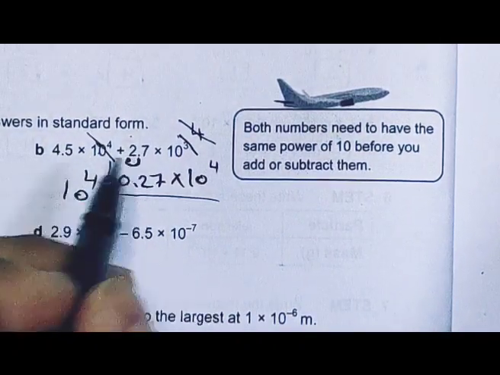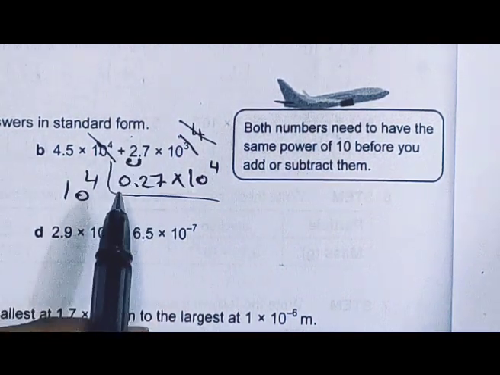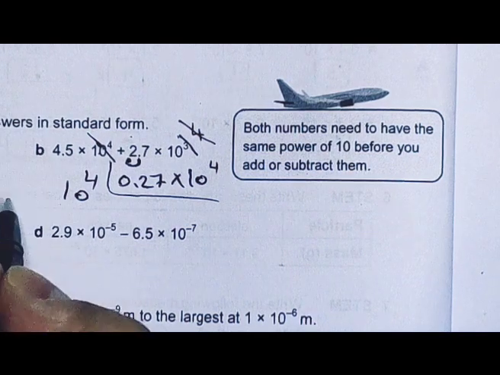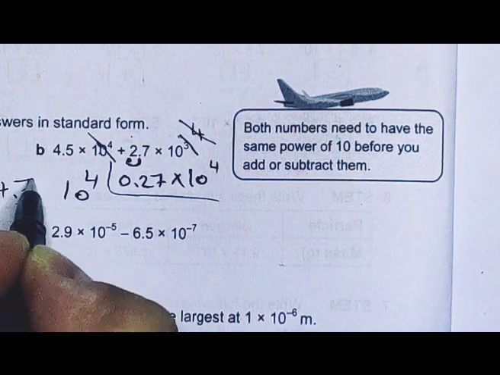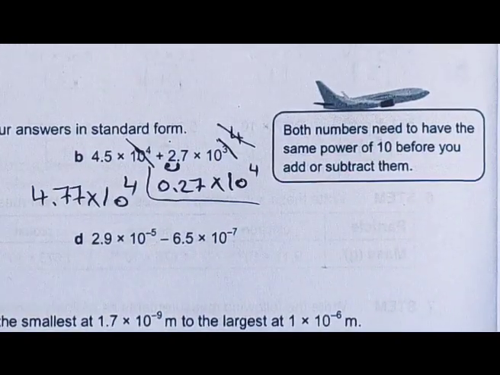Now 4.5, I'm going to add it with 0.27. Because I turned 2.7 into 0.27, I'm not going to use 2.7 again. So 4.5 plus 0.27 is going to be 4.77.